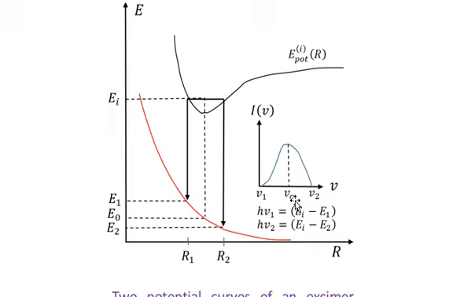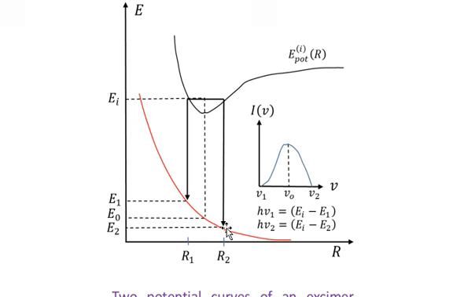And over here you can see that nu naught corresponds to the central transition, and this transition is nu 1, and the other one on the right hand side we have the arrow which represents the transition nu 2.